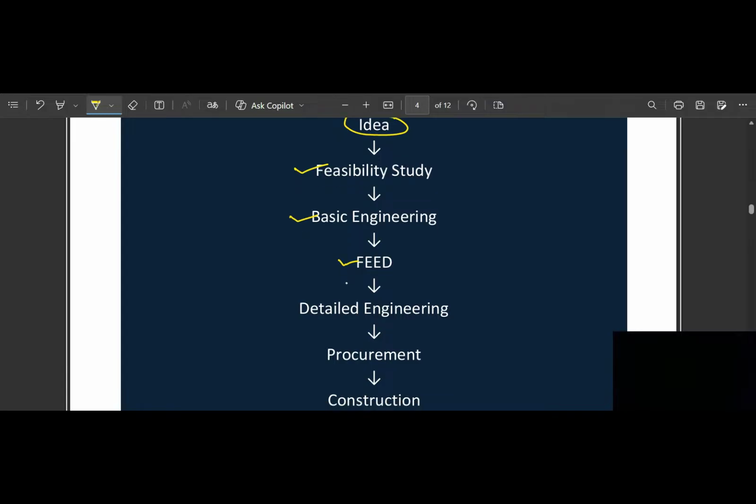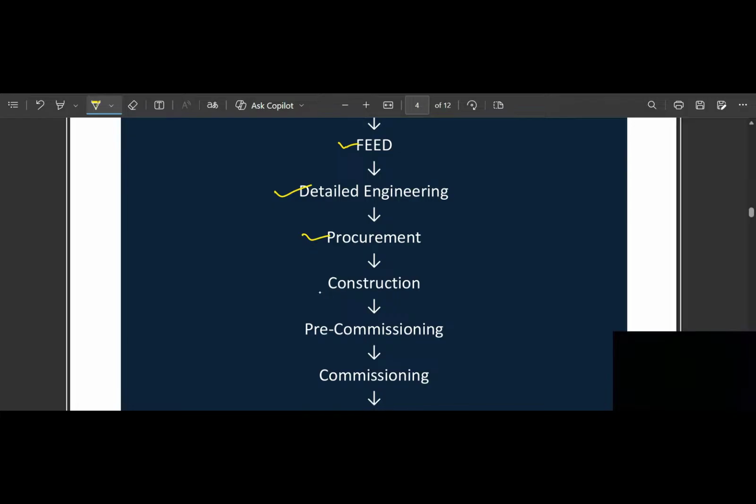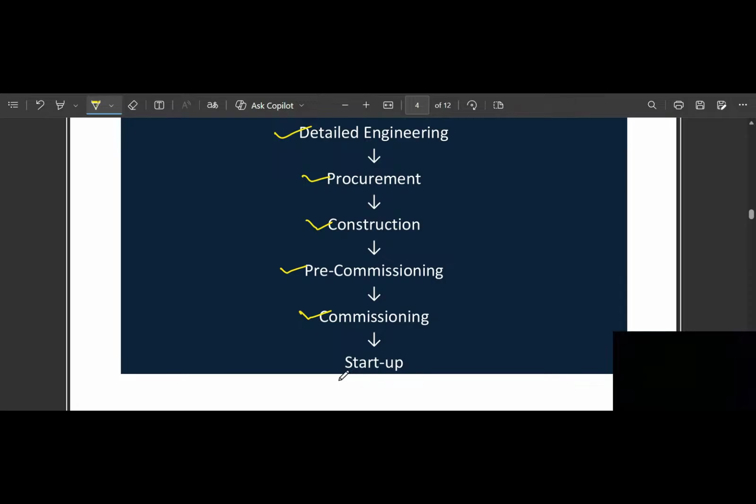After that, detailed engineering, procurement of equipment, then you start the construction. After construction, erection, and after erection, you will start pre-commissioning, and after pre-commissioning we will do the commissioning of the plant, and we will start the plant to produce the final material.